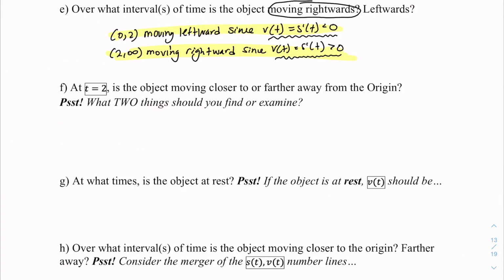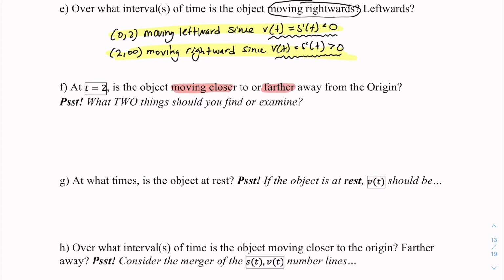Okay, so for F it says, at time 2, is the object moving closer or farther away from the origin? So if my position is positive, then my velocity would have to be negative. That's how I'll be moving closer to the origin. So I just do this quick mental exercise to remind myself my definitions if they're not in front of me.